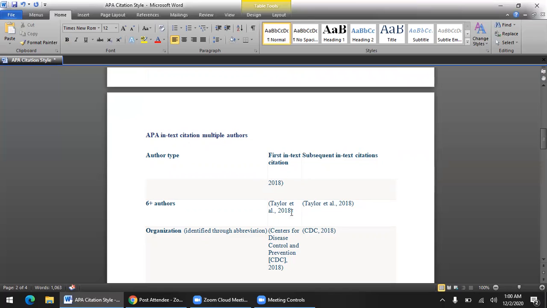So let's come to organizations. When you are citing the work of organizations, identify them through abbreviations. For example, Center for Disease Control and Prevention (CDC) followed by a comma, 2018, in parentheses.